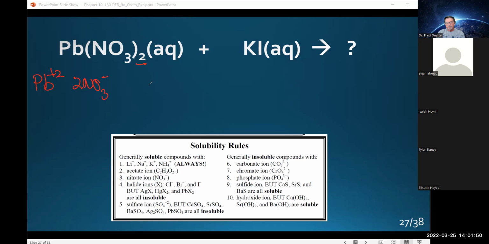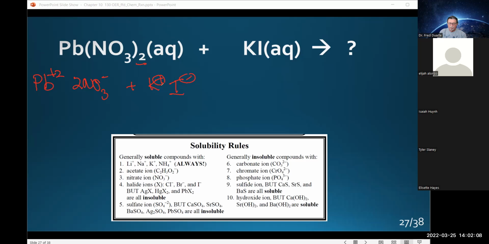Then we have potassium, which is a +1, it's a group 1 element, and iodide, which is a -1, okay? So there they are, all in ionic form.